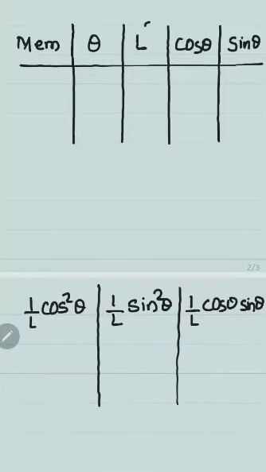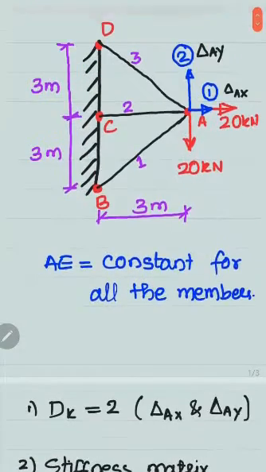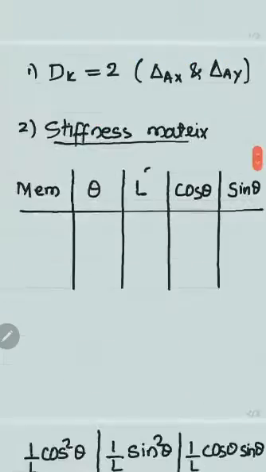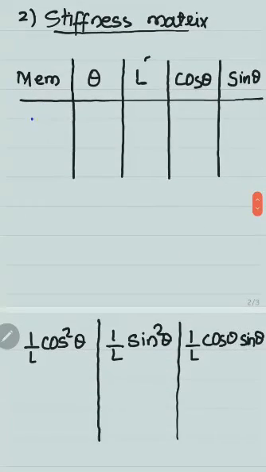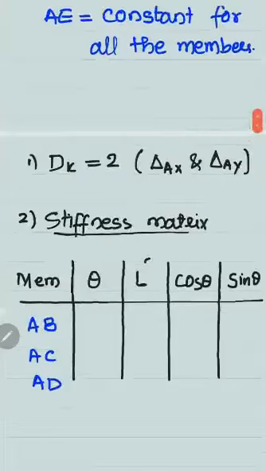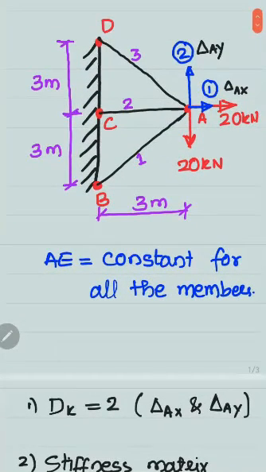You have three members. They have numbered them 1, 2, 3. So the first member is AB, then AC, and AD. There are three members. For the AB member, this angle is theta. If this is 3 meter and this is 3 meter, this angle will be 45 degrees.